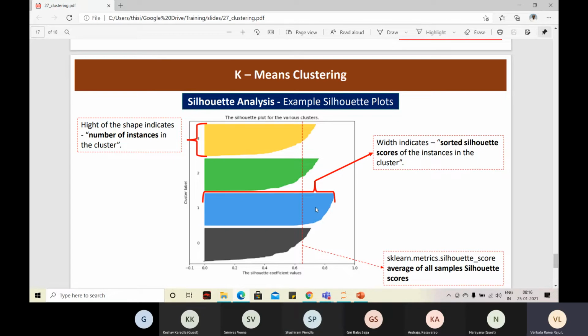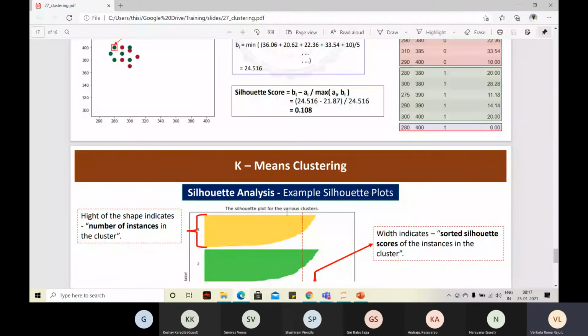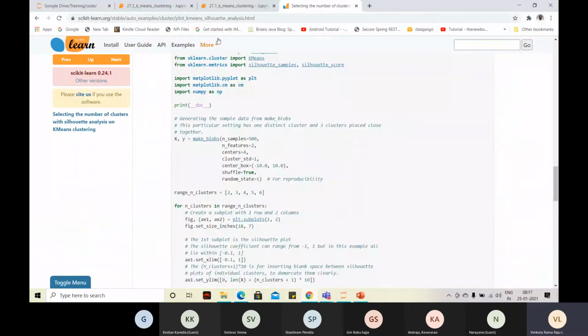So you need to do 2 clusters, do this graph, 3, do this graph, 4, do this graph, like that. Alright. Got it, right? Yes. So go through the notes and experiment. You will know better.